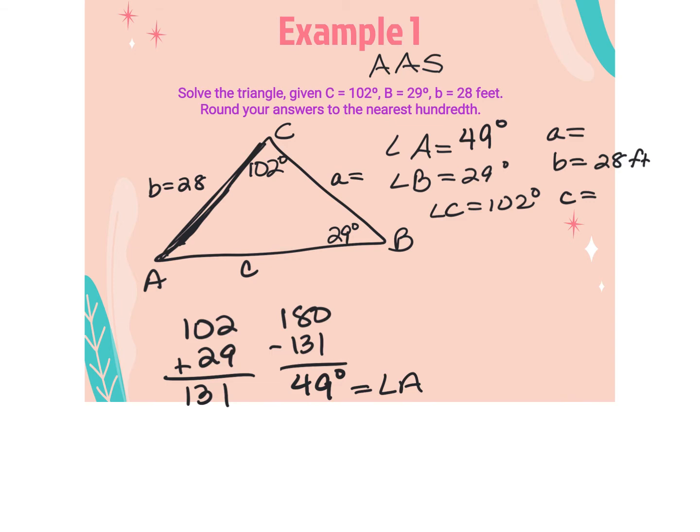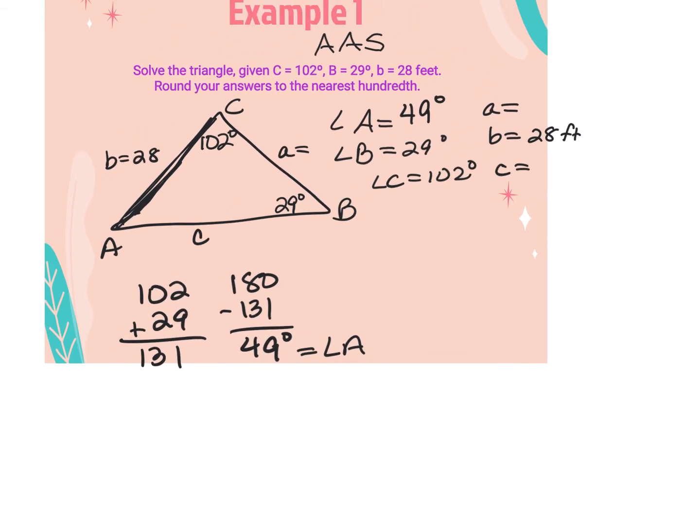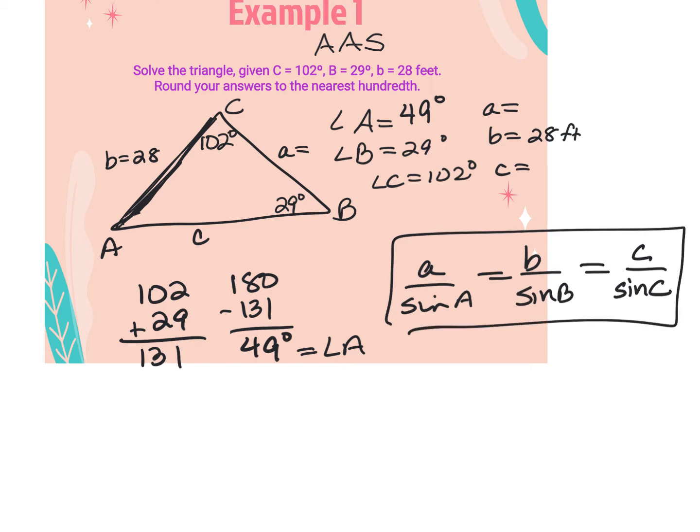Now what I need to do is find lowercase a and lowercase c, which are the side lengths. So again, I always try to use my given. We're using the proportions. So again, we can use side a over sine angle A, lowercase b over the sine of angle B, and then c over the sine of angle C. But again, I'm only going to take them 2 at a time.